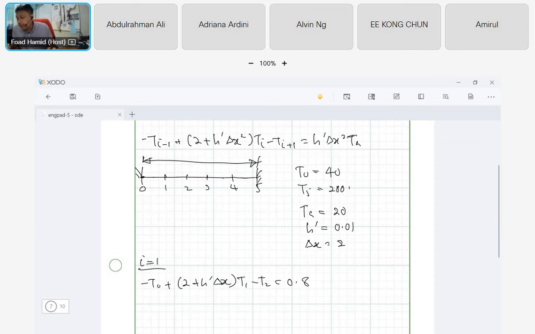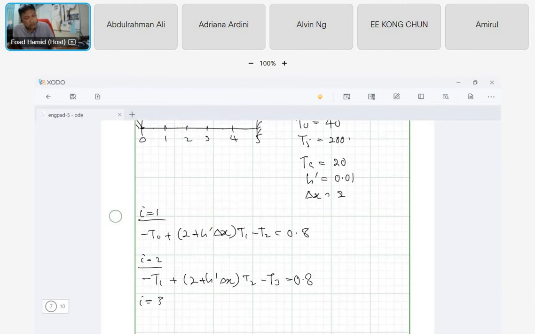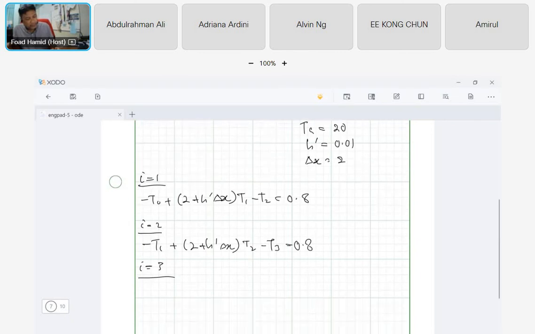We can keep doing this. i equals 2: it becomes minus T1 plus (2 plus h prime delta x) T2 minus T3 equal to 0.8. And then i equals 3, and then i equals 4.